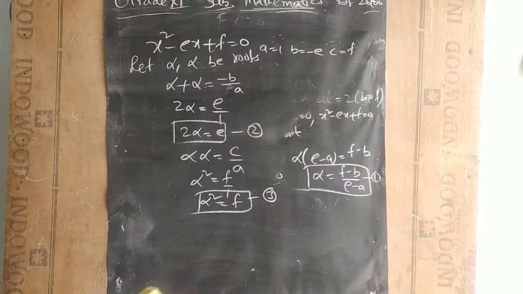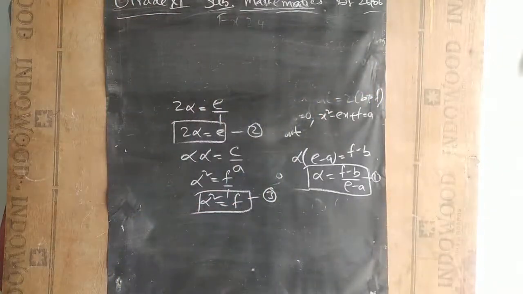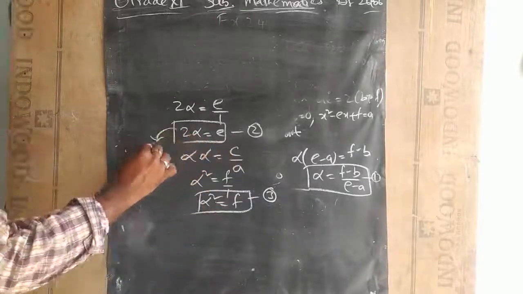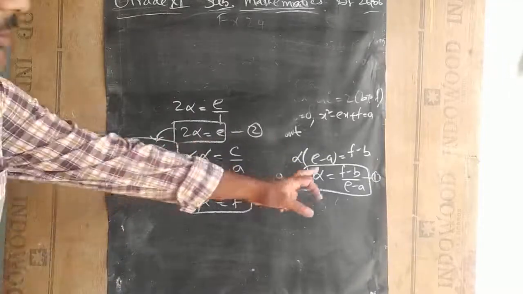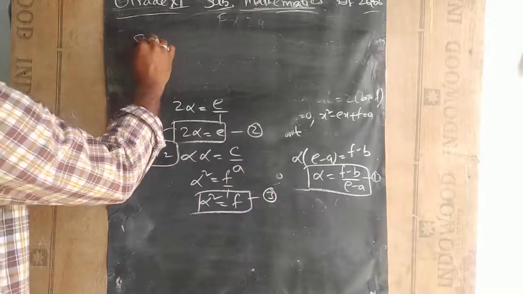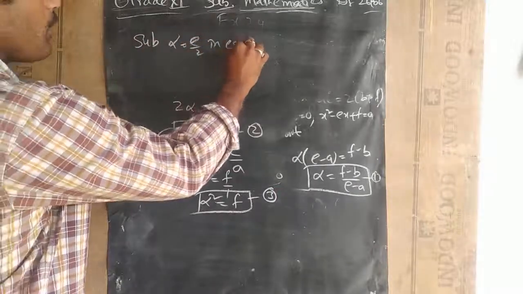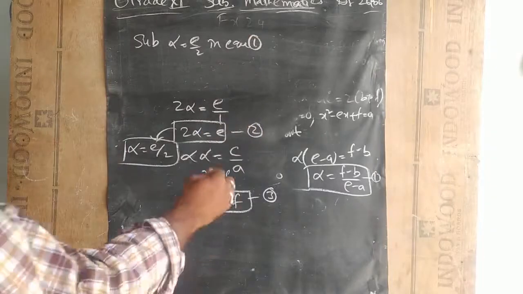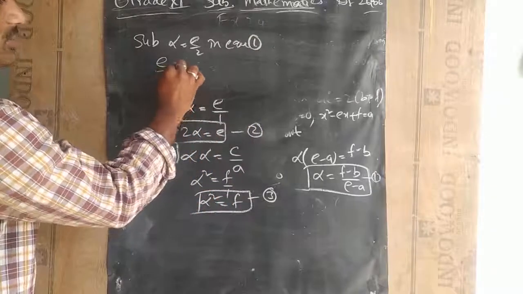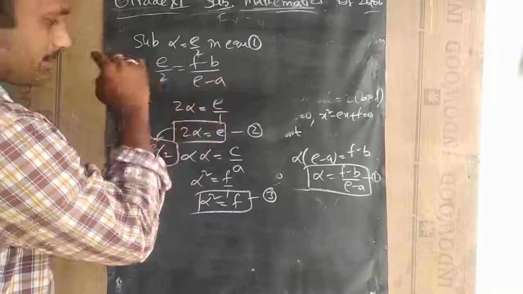Now in place of alpha, let us substitute this value. So from this, what we are going to get is alpha is equal to e by 2. So let us substitute alpha equal to e by 2 in equation 1. We are going to get here e by 2 is equal to (f minus b) by (e minus a).